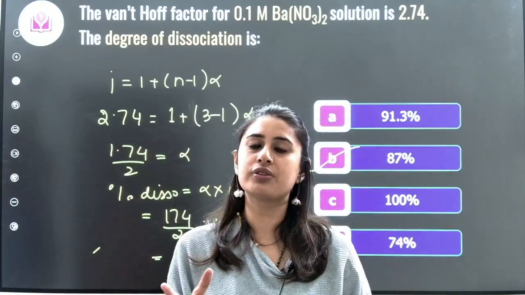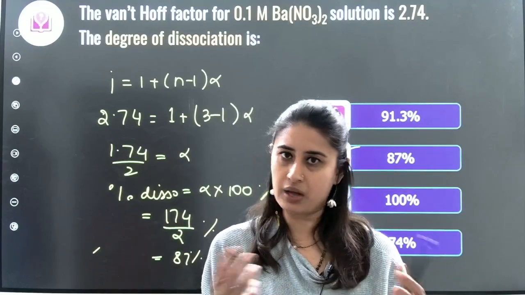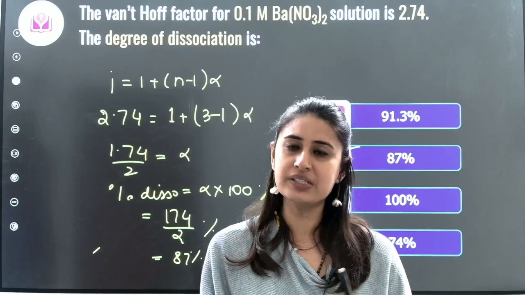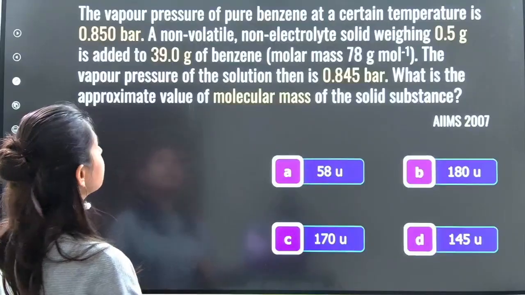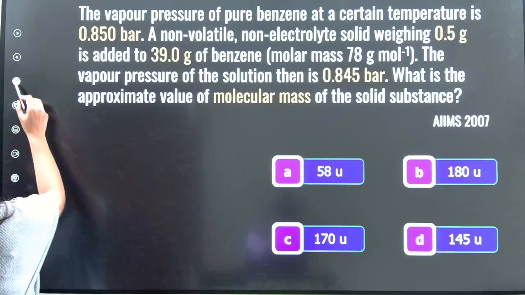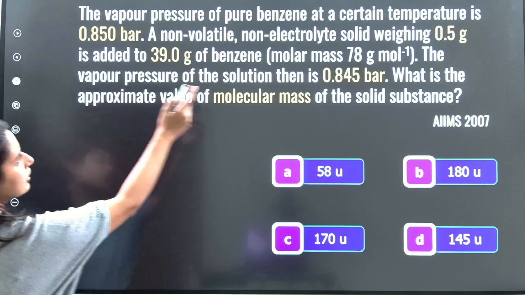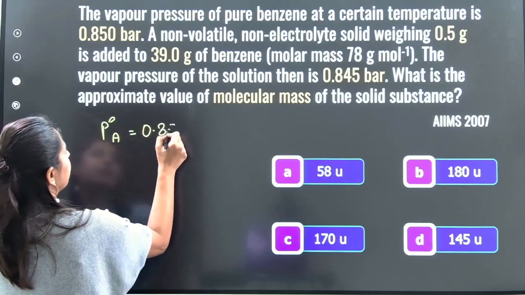So we have done questions related to alpha as well as the percentage dissociation, and you know the relation. All you need to do is multiply alpha with 100 and you get the percentage. The question says the vapor pressure of pure benzene at a certain temperature is 0.850. So this is your pure P naught A, which is equal to 0.850.